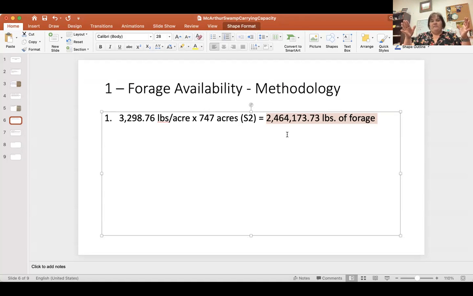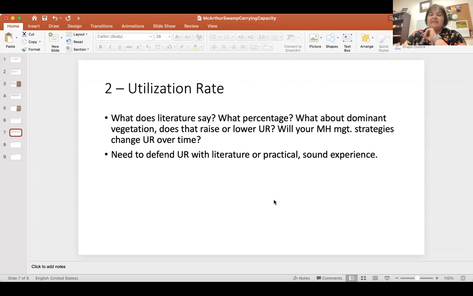So after we figure out the forage availability, the next step that I'm going to task you guys with is to figure out utilization rate. And so utilization rate, again, is the amount of forage that should be utilized that is safe for the ecosystem. So we don't want to take too much.